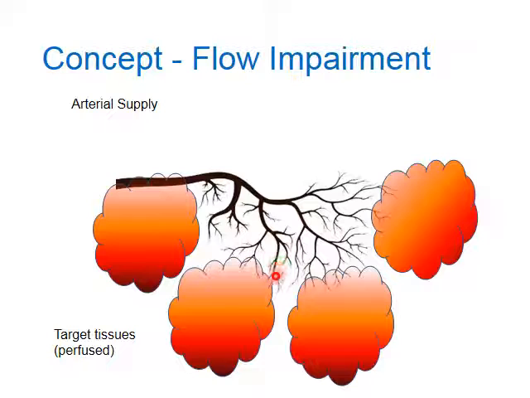If we were to block this off, you obviously would not get any blood flow here. Now take a close look right next door, where the pointer is pointing. There is another branch coming off of this other artery that is feeding generally the same area. We call this collateral circulation.